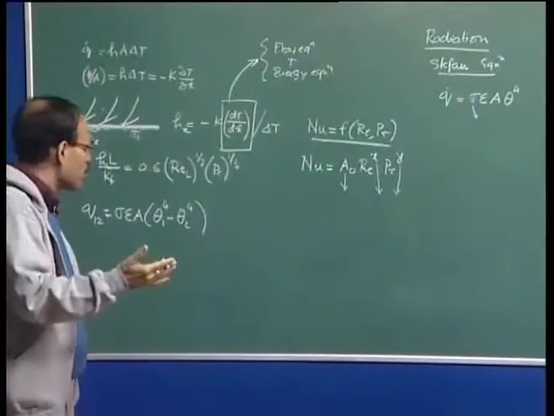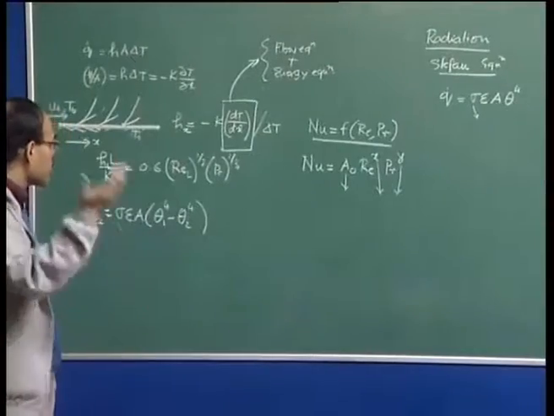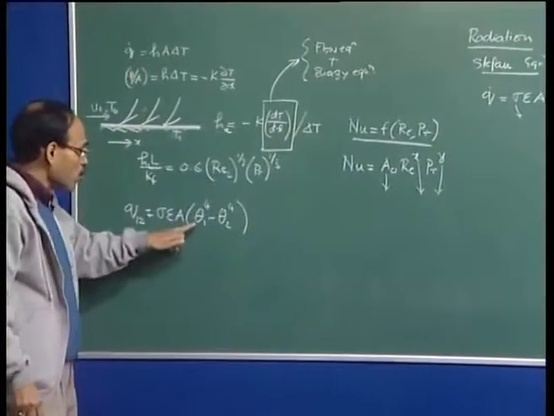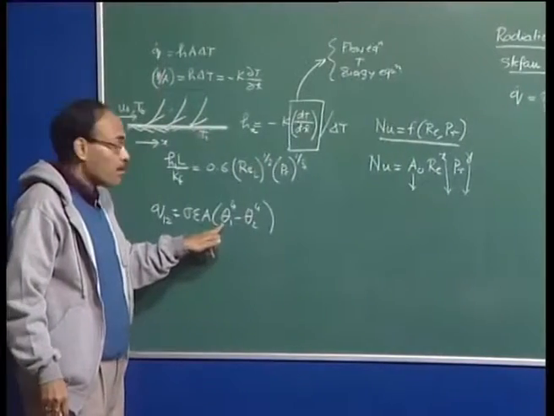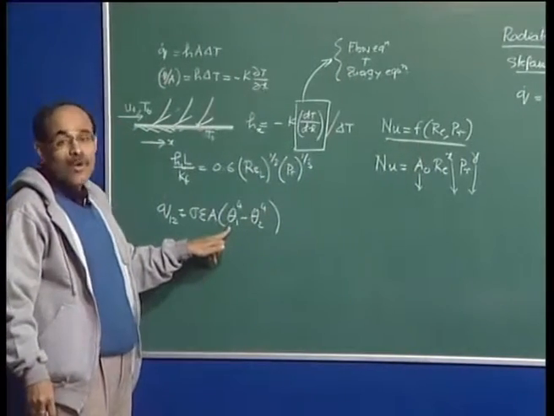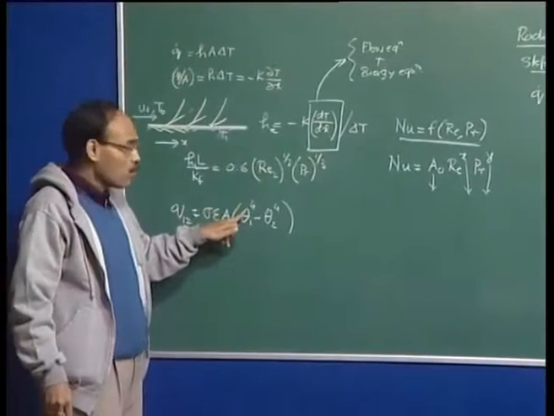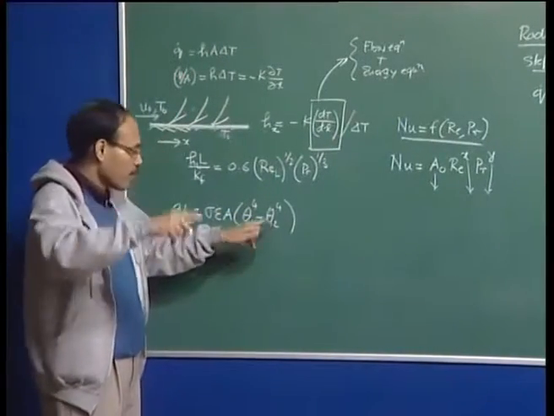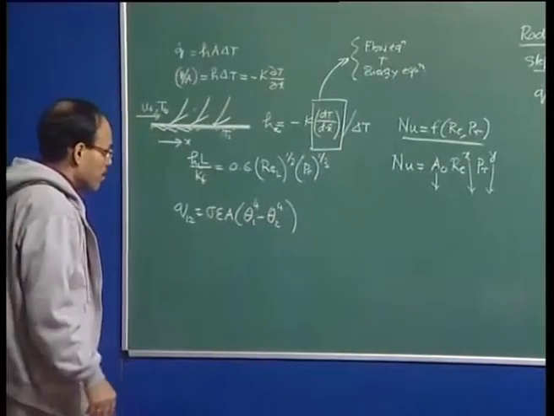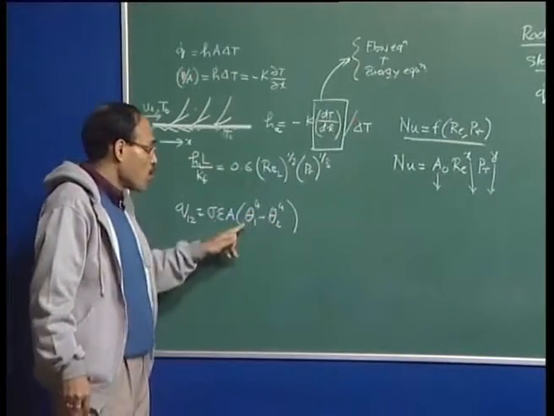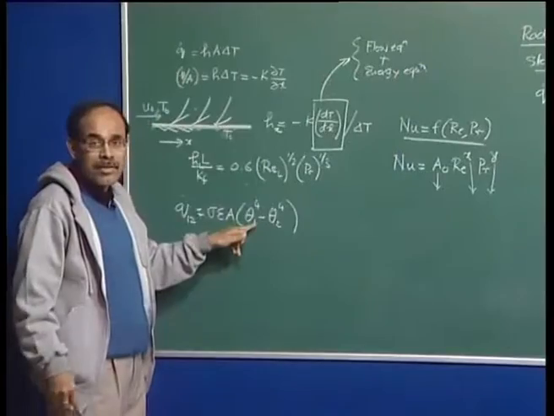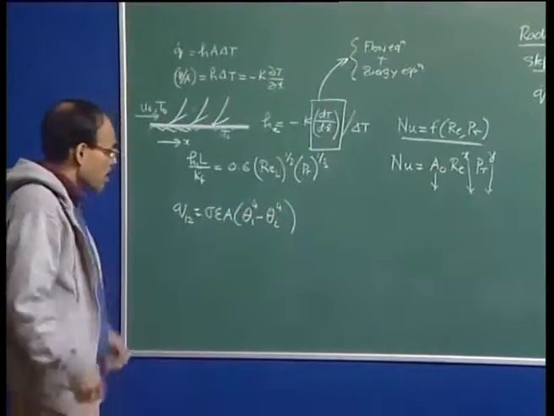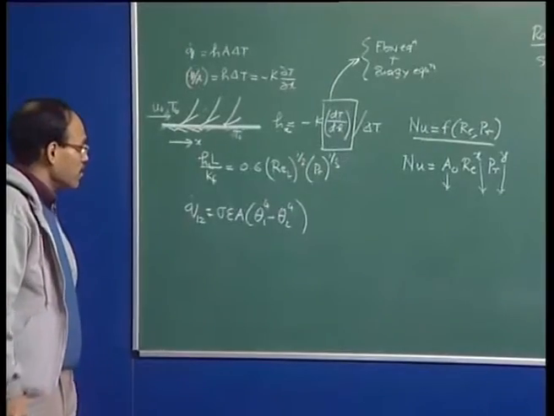So, you have convective heat transfer also, and radiation loss also, and there you can see, this is going to be 1000 plus 273. So, there is going to be 1273 raised to the power 4, okay, and the ambient temperature could be 25 degrees plus 273, which is 298 raised to the power 4. So, the order of magnitude of this term is going to be enormous, particularly at elevated temperature.